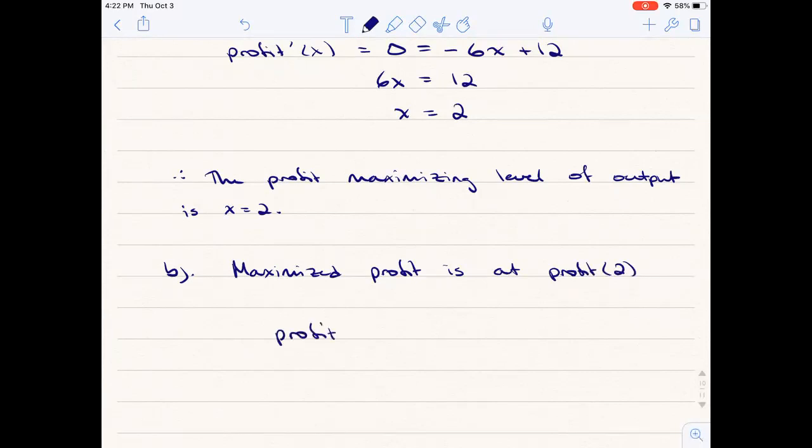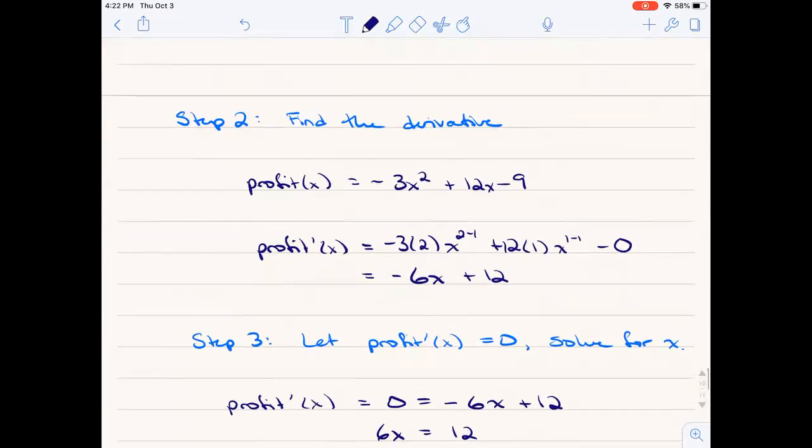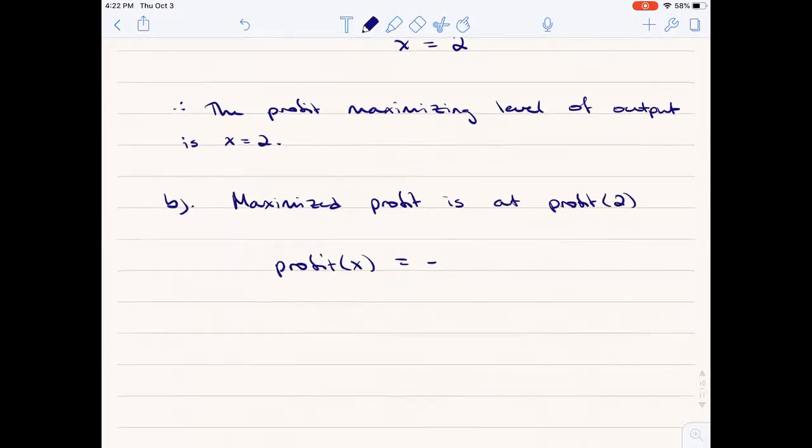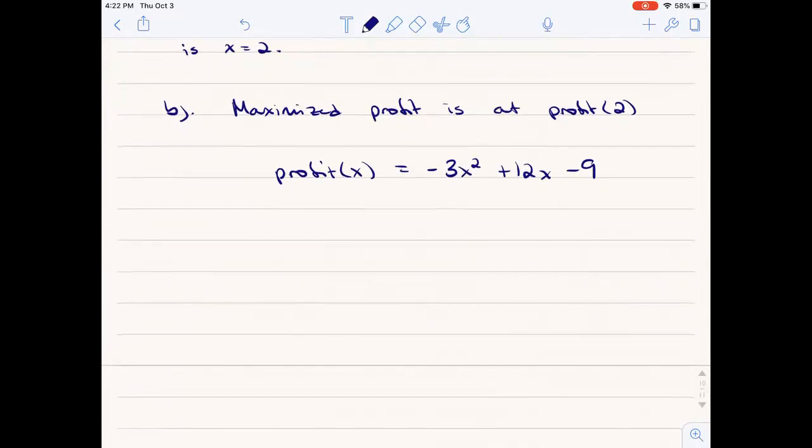Let's just remember what the original profit function was. Negative 3x squared plus 12x minus 9. So then the profit at x equals 2 is negative 3 times 2 squared plus 12 times 2 minus 9.